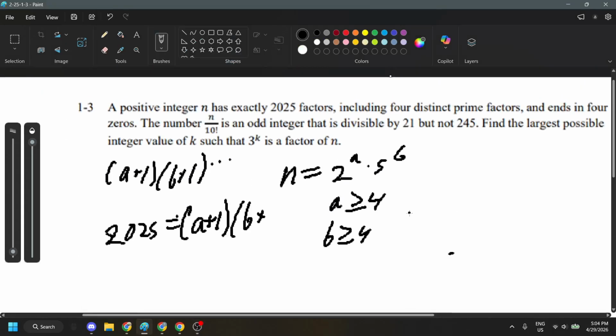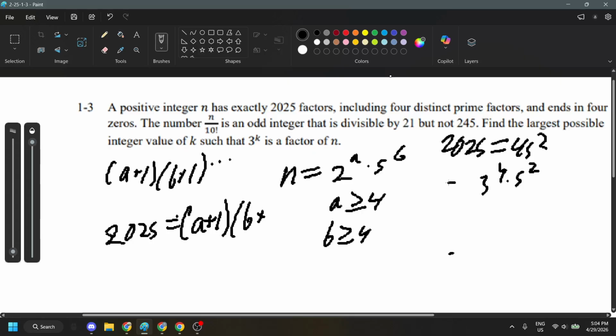Okay, I'm back. So, if we were to continue, we know 2025, I think we did this before, is equal to 45 squared, which is equal to 3 to the 4 times 5 to the 2. So this needs to be equal to this, which means I was thinking they're both going to have to be 5 because they're both greater than 3.